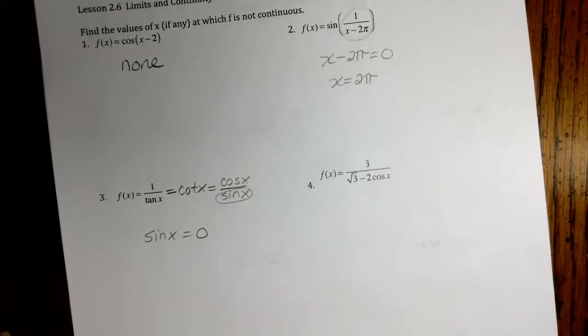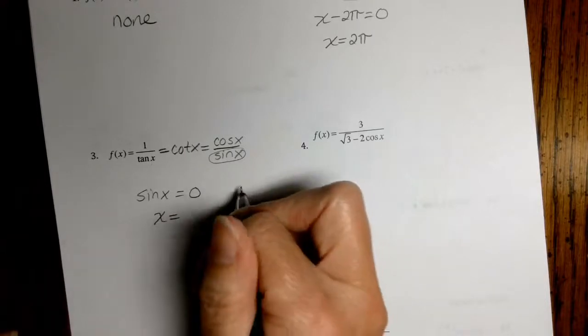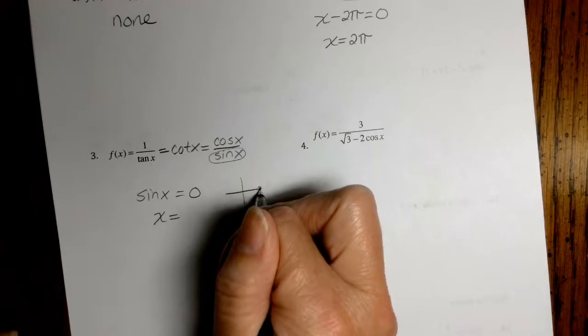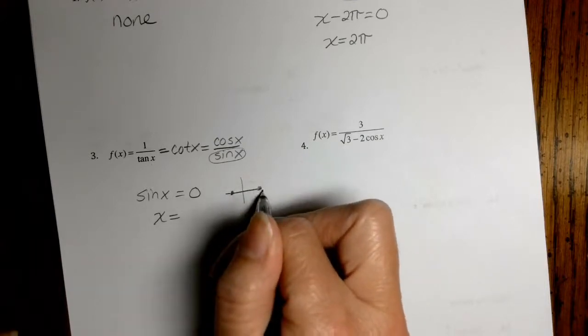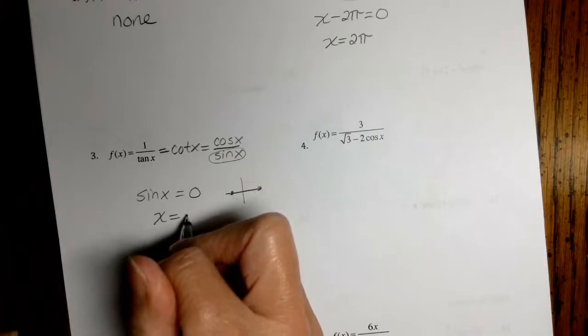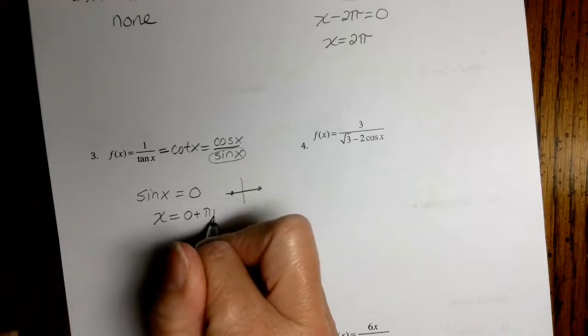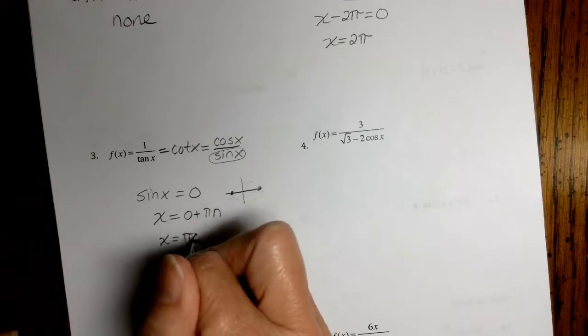That'll be where we have a discontinuity. And memory recall, my picture, y values being 0 are here and here. So we're talking about multiples of pi. So you can either say 0 plus pi n, or you could just say x equals pi n for short.